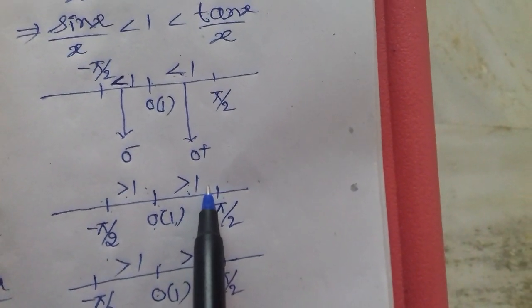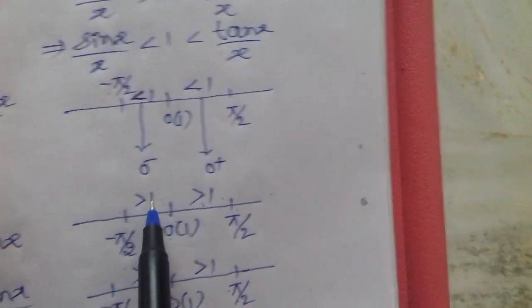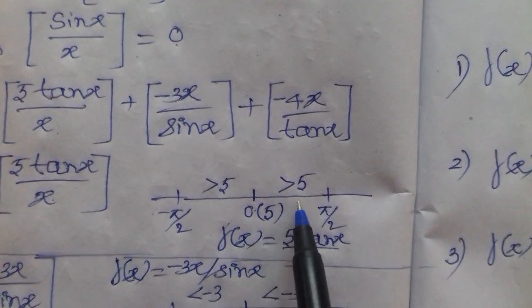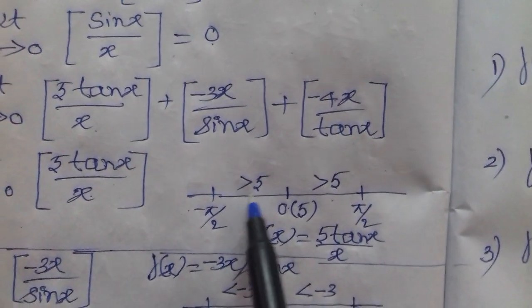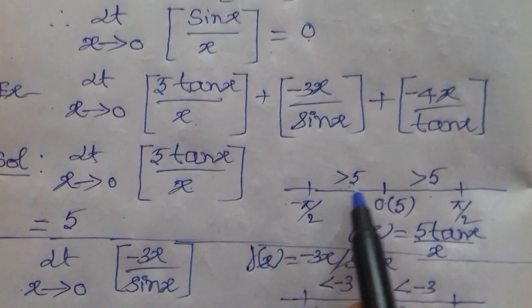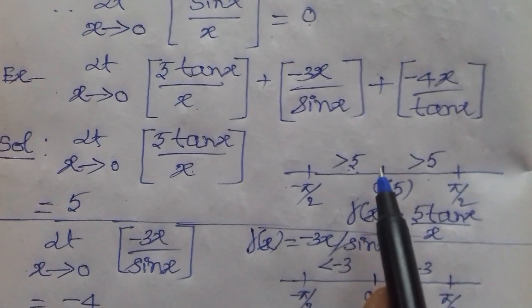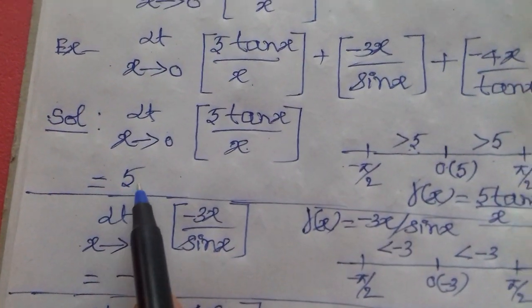So it will be greater than 5 on this side and greater than 5 on this side. So on both sides it is greater than 5. Greater than 5 by a very small quantity, like 5.001. That means step will be 5.